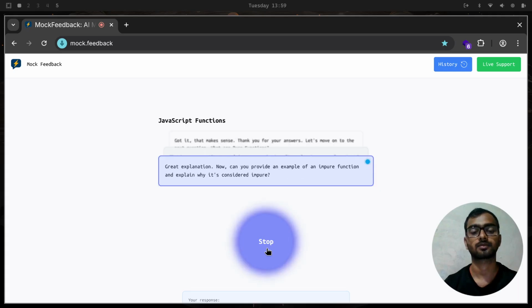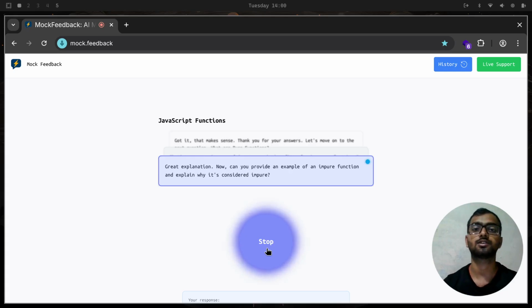Great explanation. Now, can you provide an example of an impure function and explain why it's considered impure? An impure function could be when we are dealing with the network. We might create a function as handle user data, and inside that function we could use a fetch API provided by the browser to call some sort of get API.